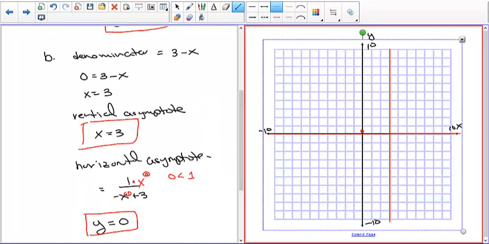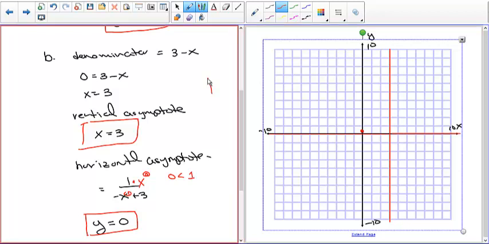These reciprocal functions like this typically look something like that, or something like that. So you can kind of see what we've done. We've essentially translated the axis 3 units in the x direction.